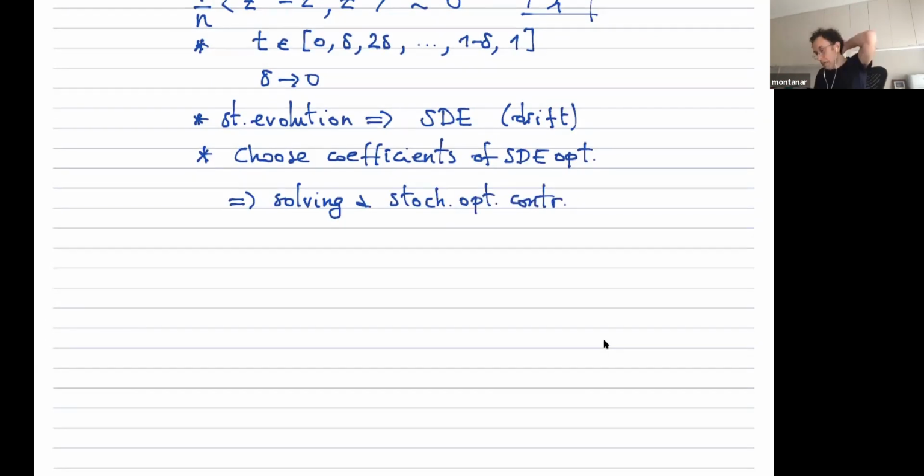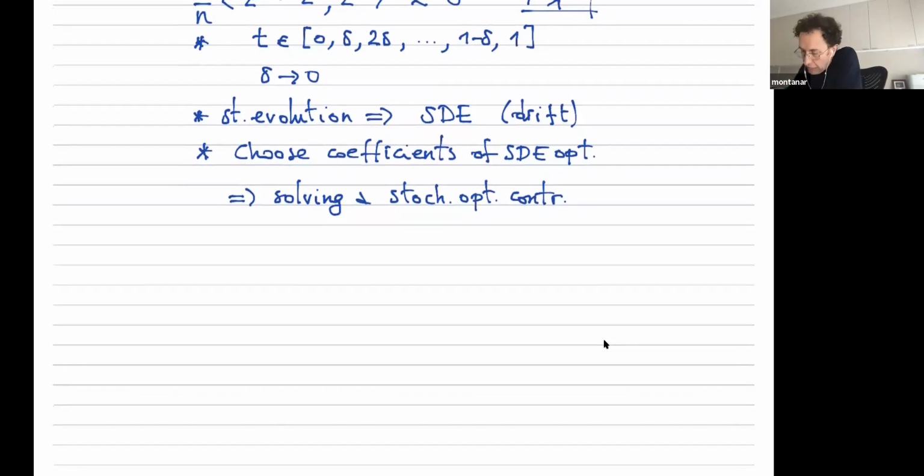And we'll see that solving the stochastic optimal control problem gives rise immediately to this modified Parisi formula. So the value of the stochastic optimal control problem will be this inf of P of gamma.